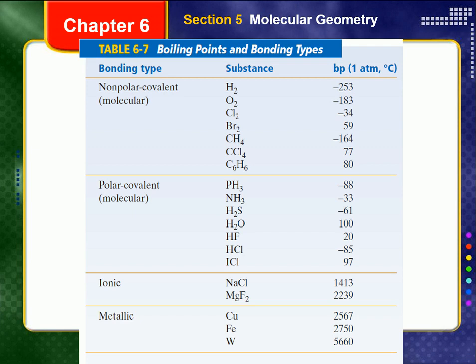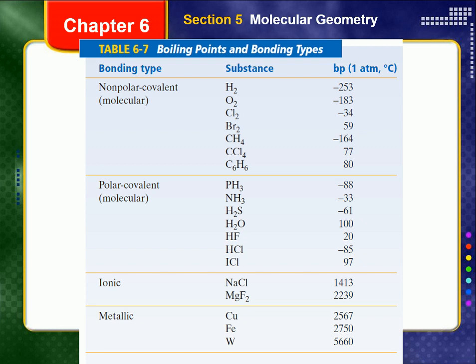The effect of hydrogen bonding can be seen by comparing the boiling points in table 6-7 on the screen now, also on page 190 of your text. Look at phosphine, PH3, compared to the hydrogen bonded ammonia, NH3.